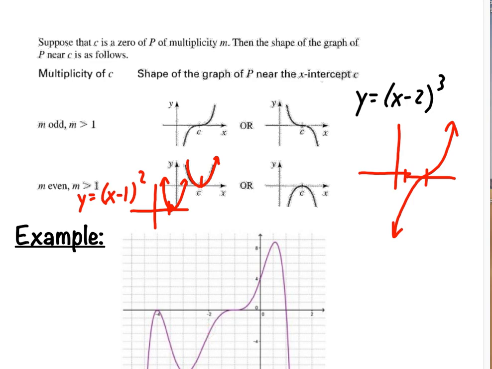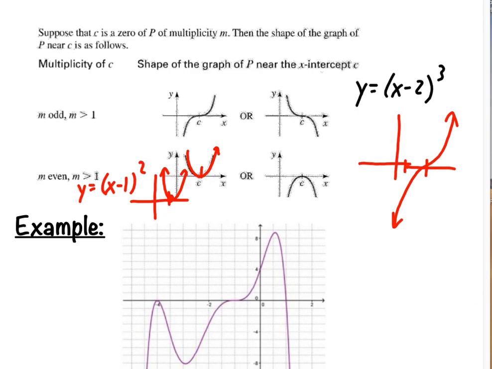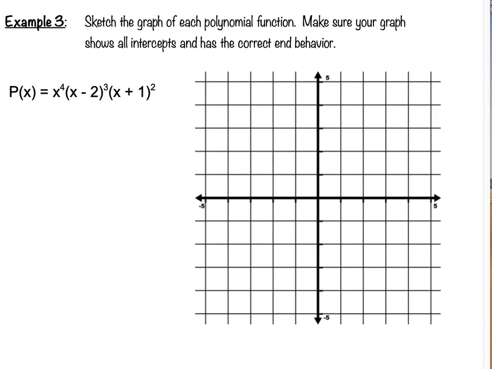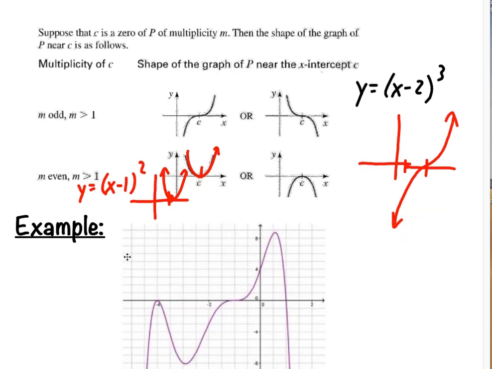So let's come down here and look at an example. We've got a nice polynomial down here, so let's look at all the zeros on there.